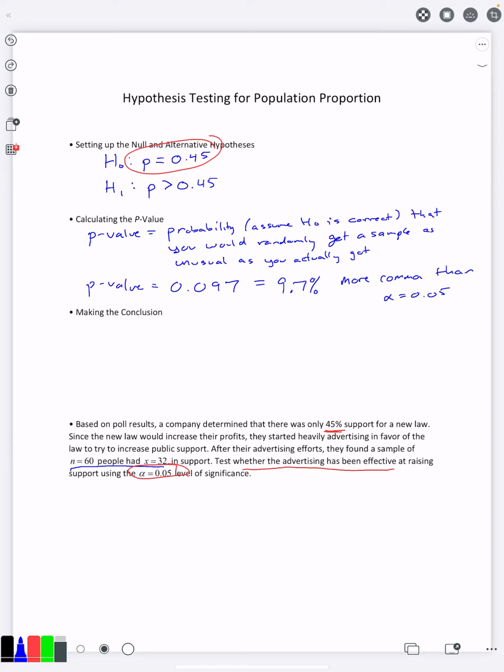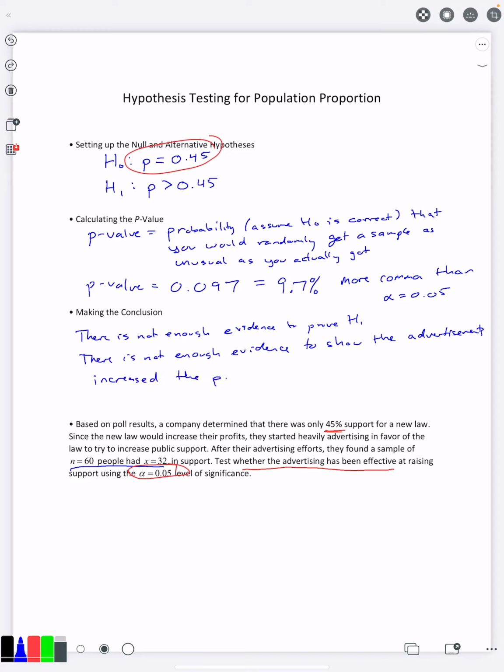And so we can write this several ways here. You can say there is not enough evidence to prove H1, or if you want to say that in terms of the problem here, there is not enough evidence to show the advertisements increased the popular support.